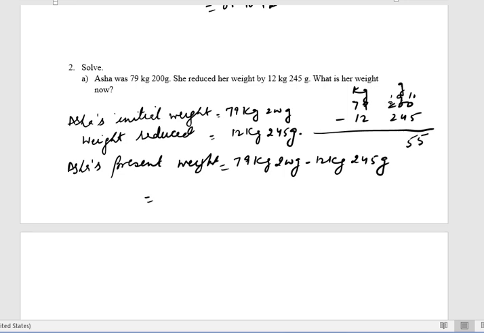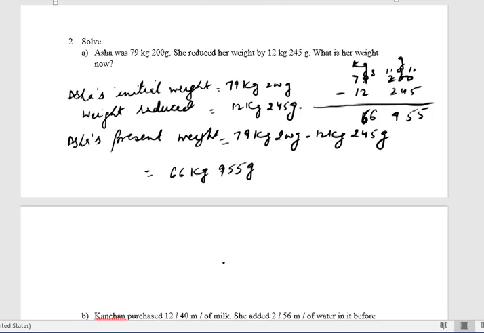We take one more carry, so it will become 11 and 8. So 11 minus 2 will be 9 and 8 minus 2 will be 6. 7 minus 1 will be 6. So the answer will be 66 kilogram and 955 gram. So this is Asha's weight at present. I hope it is clear.